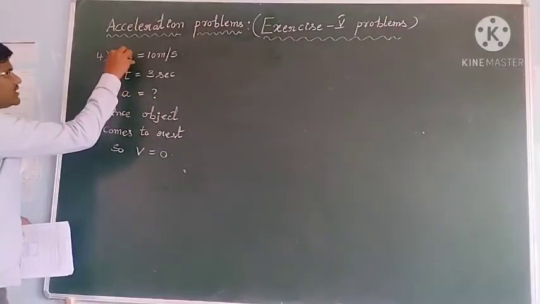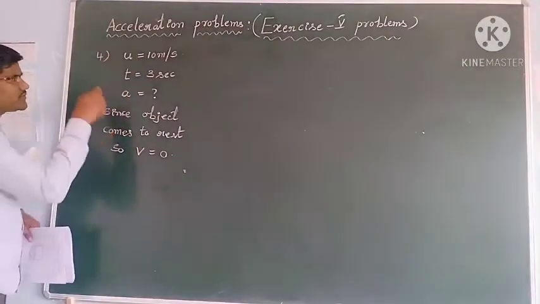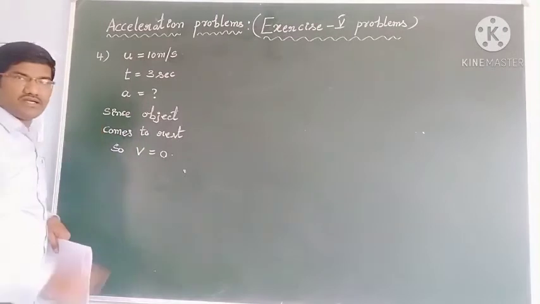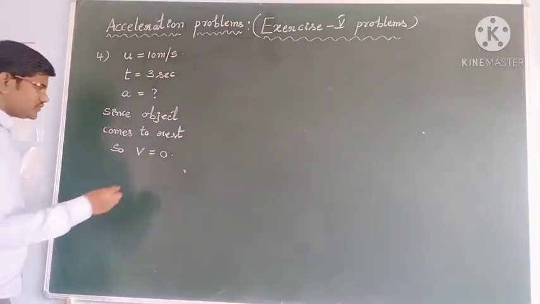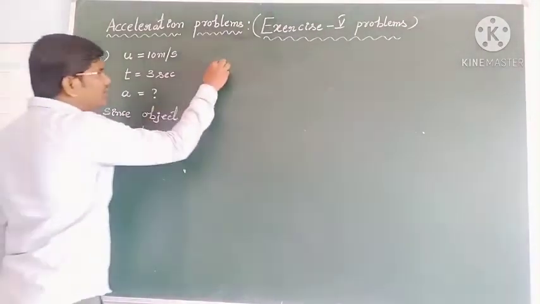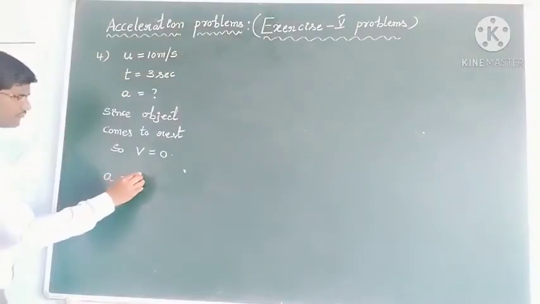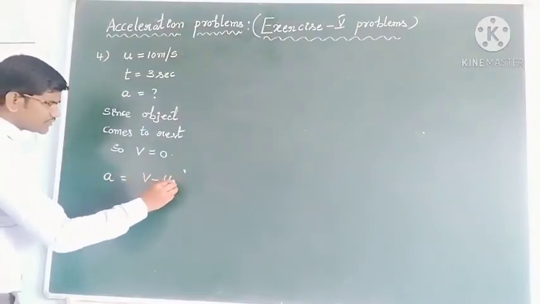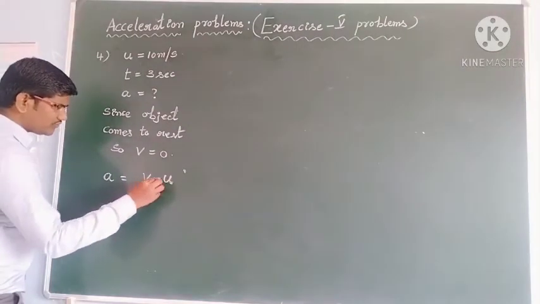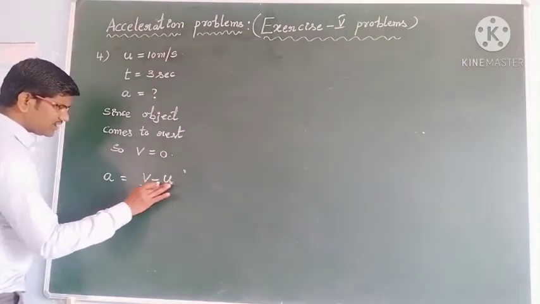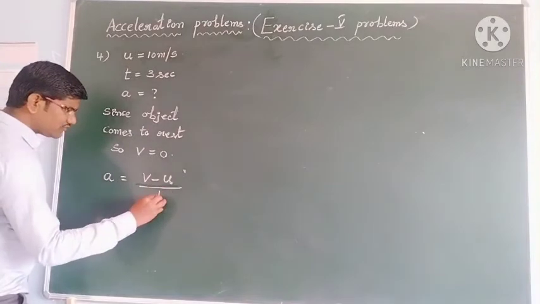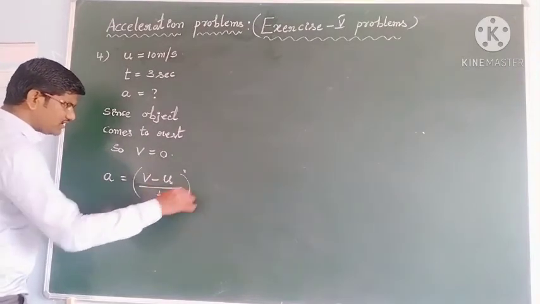Initial velocity is given, time is given, so we have to find deceleration. Now I use the formula: a is equal to v minus u by t.